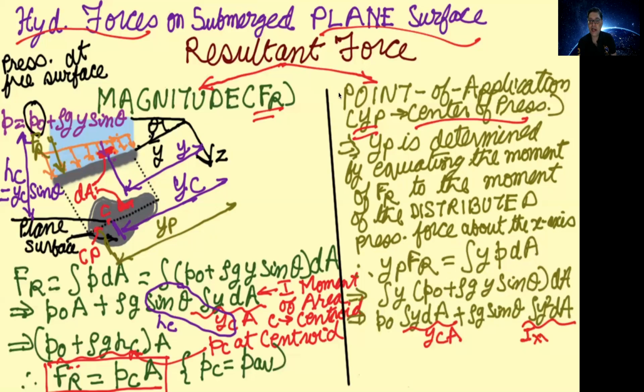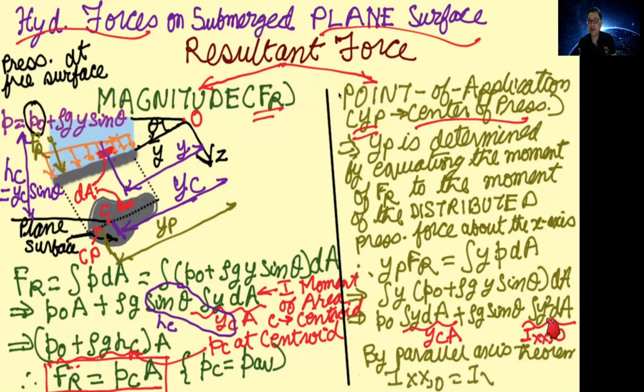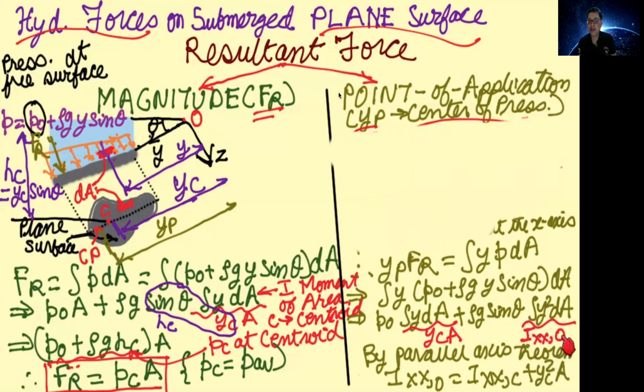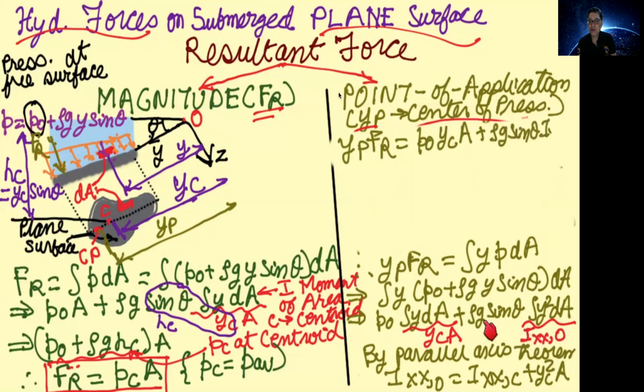Earlier I had introduced the first moment of area here. Now here you can notice a second moment of area, also called the moment of inertia. So you encounter the moment of inertia to calculate the point of application of the force.